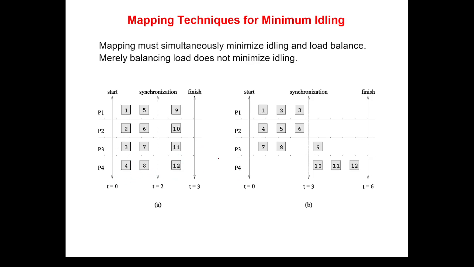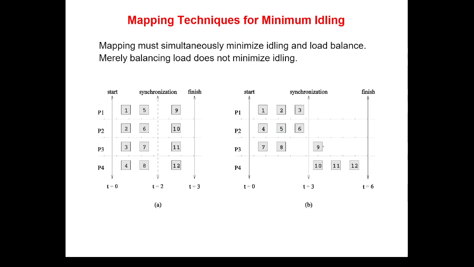So apa yang berlaku ialah kenapa dia tak minimize the idling. Contoh what happen is bila dia bagikan tugas, the load balance, dia buat diikut nombor, tapi yang ini dia bagikan P1 ambil 3 proses, P2 ambil 3 proses.